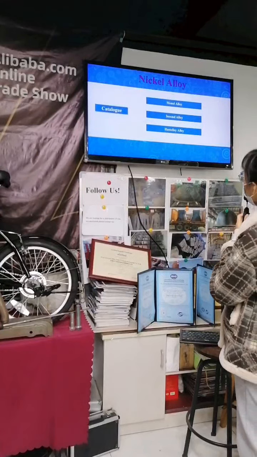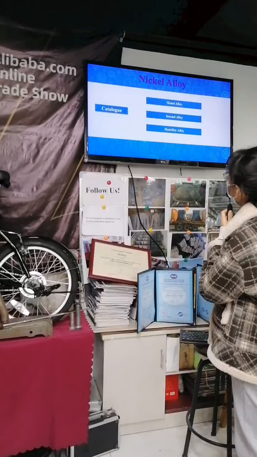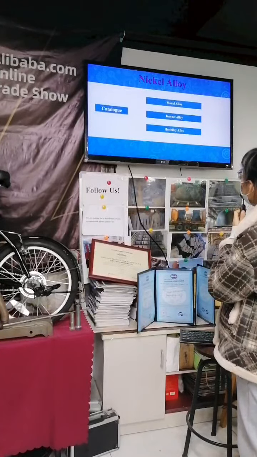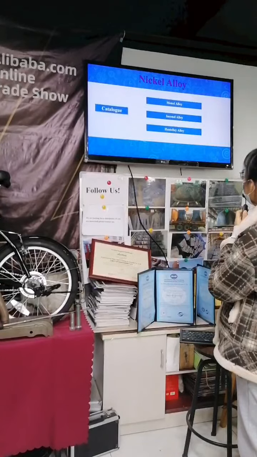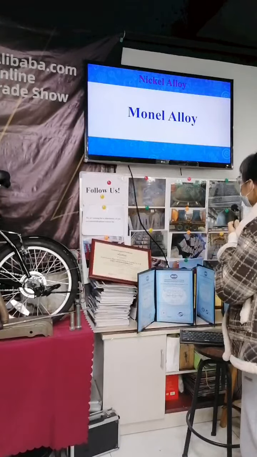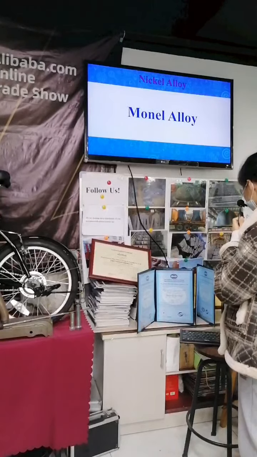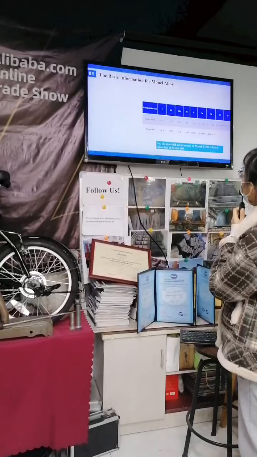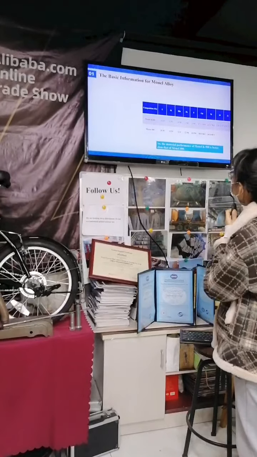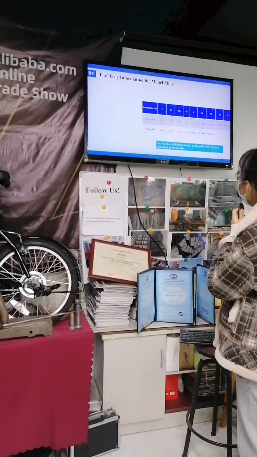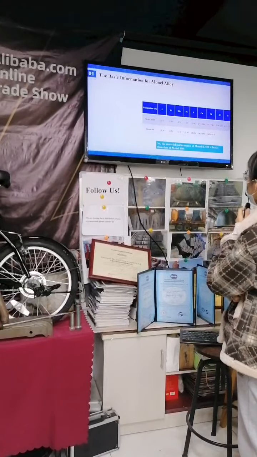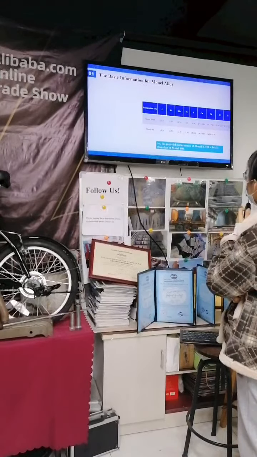Let us learn about nickel alloy. The nickel alloy catalog includes monel alloy. The basic information of monel alloy: the material performance of Monel 500 is better than that of Monel 400.